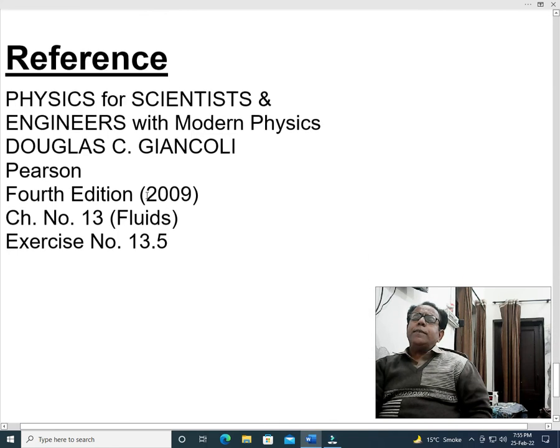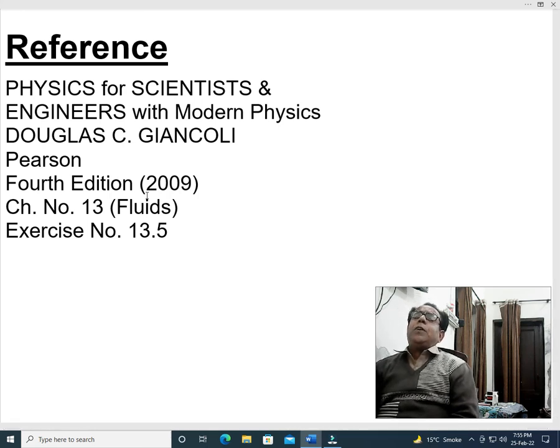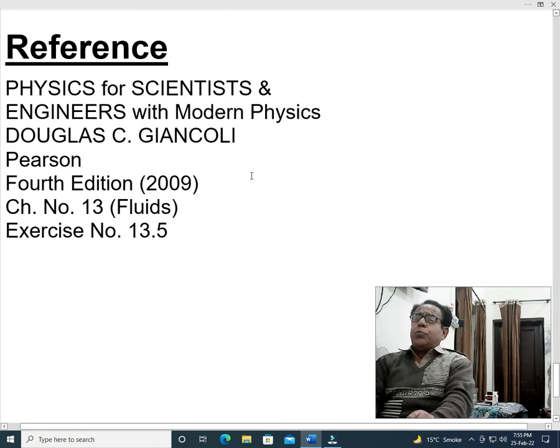Now we come towards the reference book. The reference book from where this problem has been chosen is Physics for Scientists and Engineers with Modern Physics. Its author is Douglas C. Giancoli, its publisher is Pearson, and its 4th edition, published in 2009, has been followed.